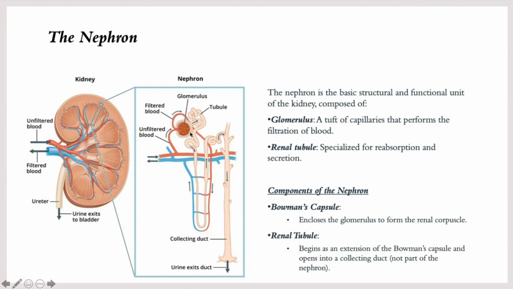So the nephron has the Bowman's capsule, which basically encloses the glomerulus and forms the renal corpuscle. Then the renal tubule right here, okay, starts as an extension of the Bowman's capsule and opens eventually into a collecting duct, okay? This collecting duct is not considered to be part of the nephron.